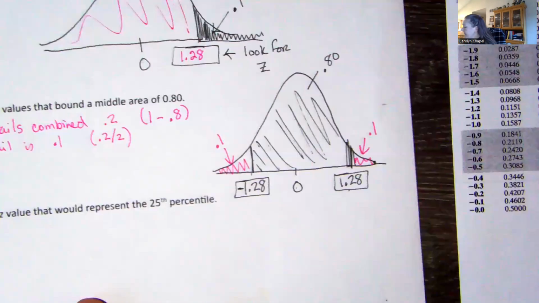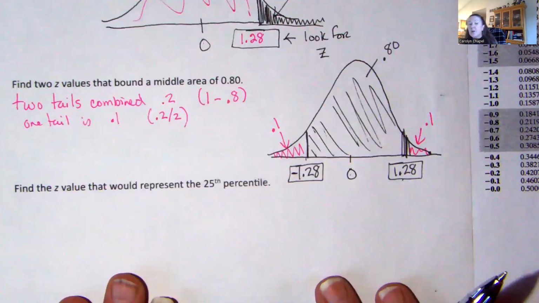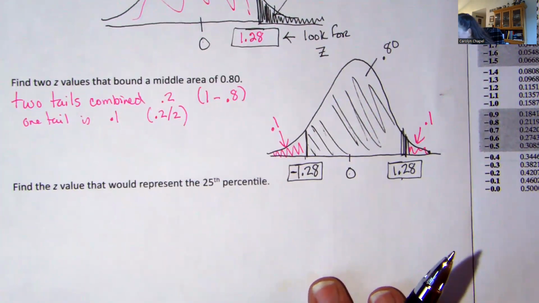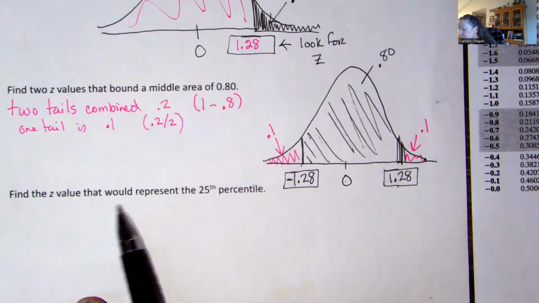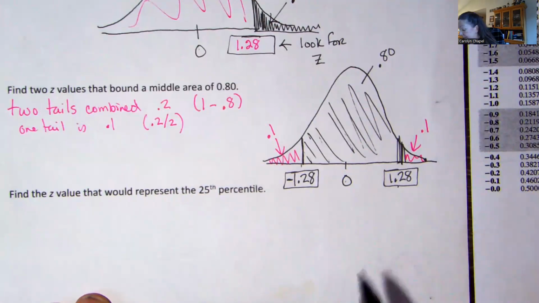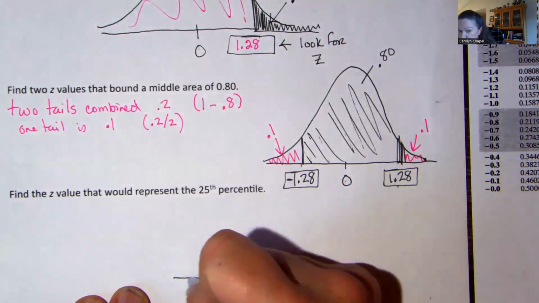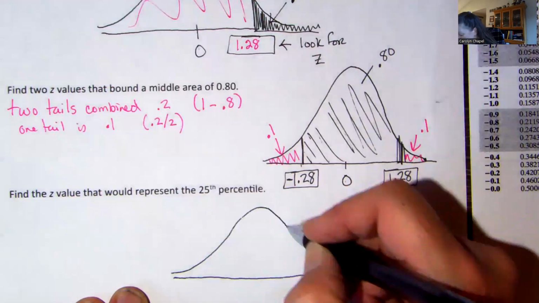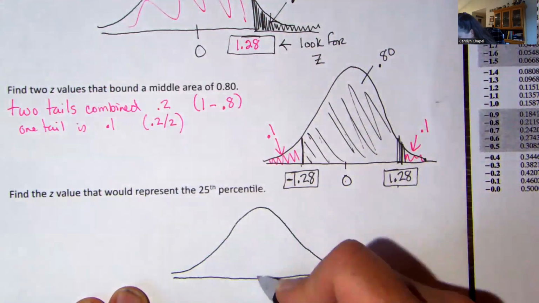Okay. All right, another way that you can word a question where you're looking for a Z value is something that says what Z would represent the 25th percentile. So that brings back what in the world does percentile mean? Again, if we're looking at our standard normal, just centered at 0.